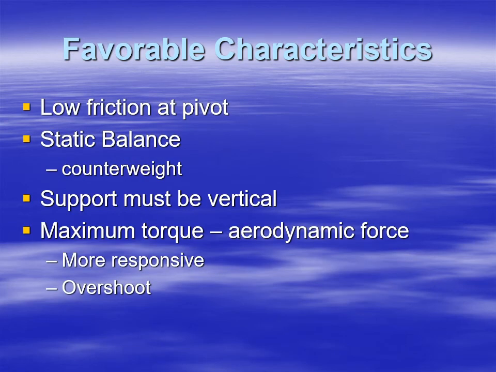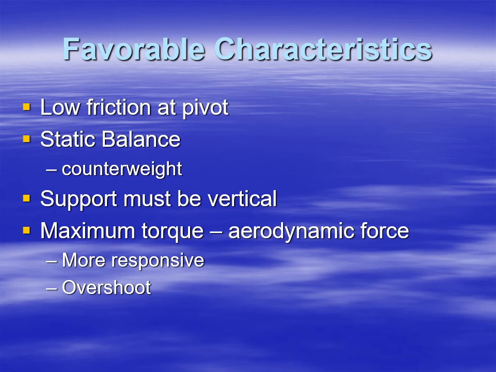So here are some characteristics that we like to have in a wind vane. Number one, it's nice to have low friction at the pivot point because it swings rather easily. Good static balance, which means that there must be a counterweight on the nose of the wind vane to counteract the weight of the airfoil on the back of the wind vane. It needs to be perfectly vertical.